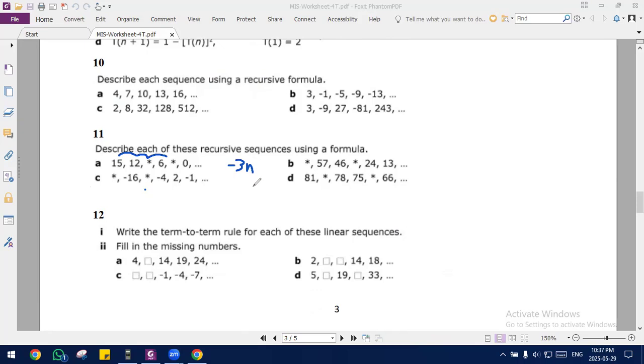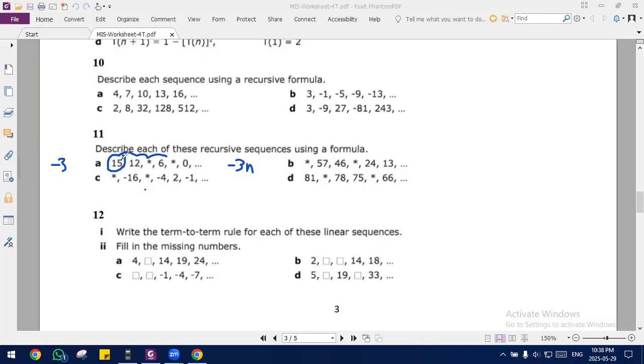Now, how do I make it correct? I substitute n by 1 to find the first term. Minus 3 times 1 is minus 3, but the first value I have is 15. How do we fix it? I have the answer minus 3. I need it to be 15. So what do I have to do?